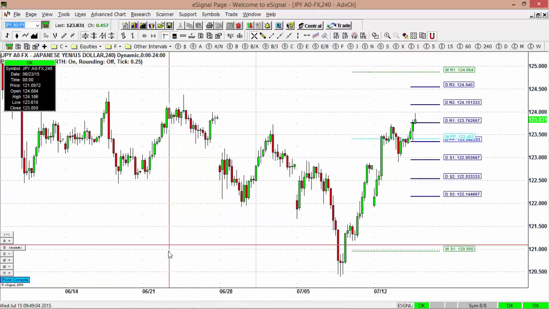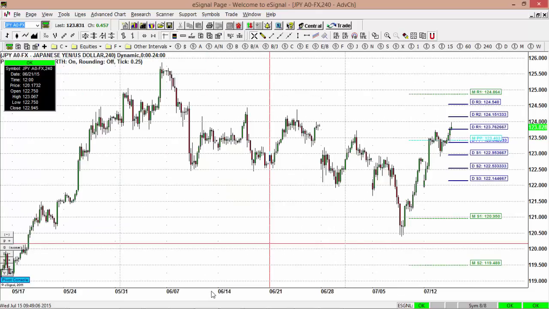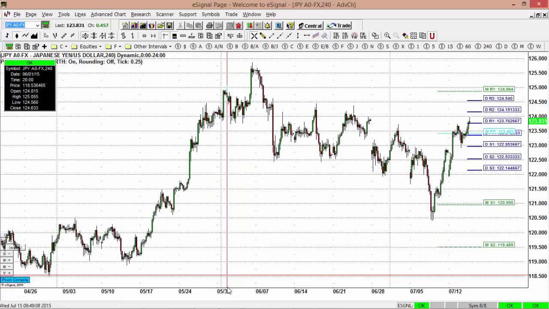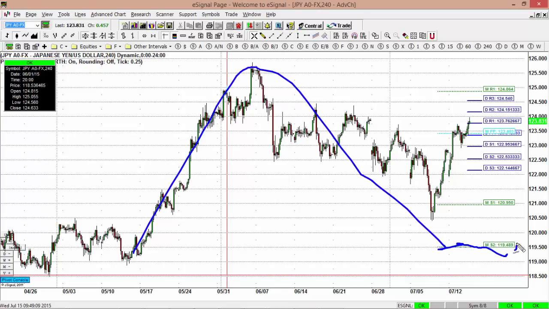The market bounced out of the monthly S1. I had said last week that the market could come down as far as the monthly S2, which was at 119.48, but the market didn't reach that area. It stalled out between the monthly S2 and the monthly S1, and we have seen a rally so far.